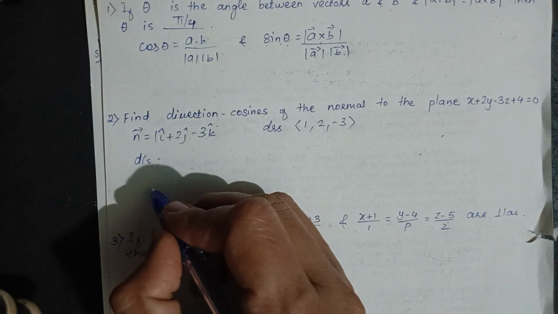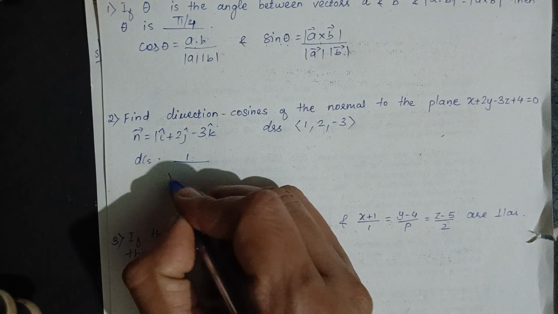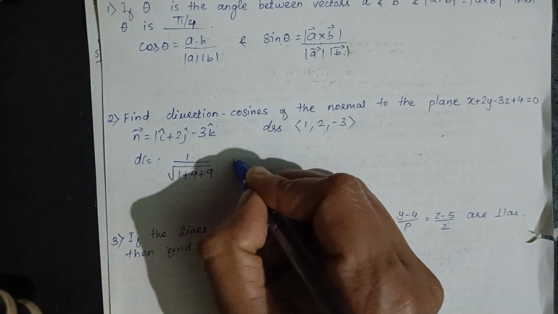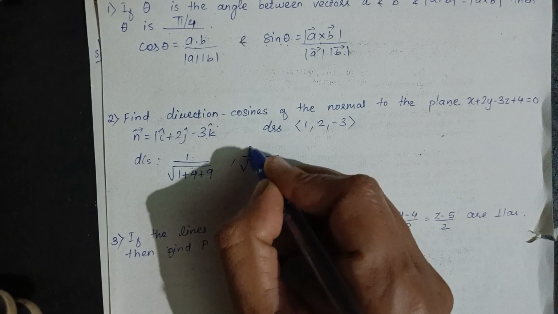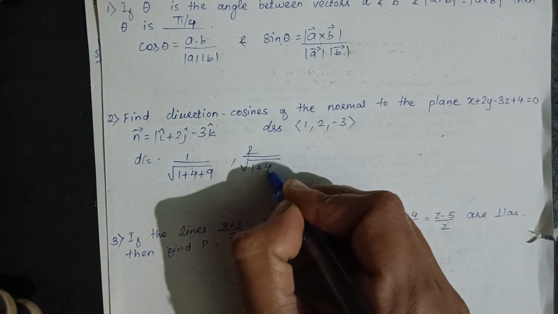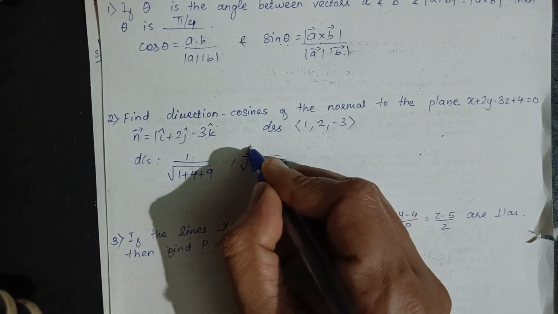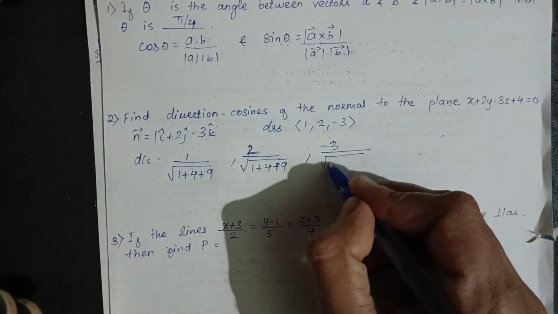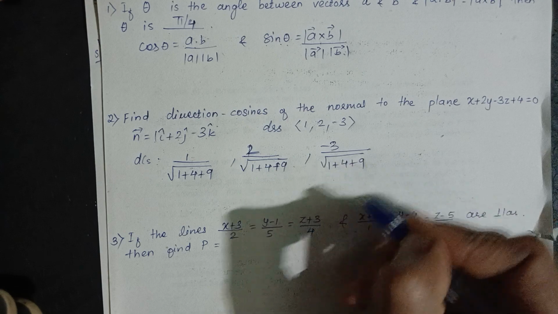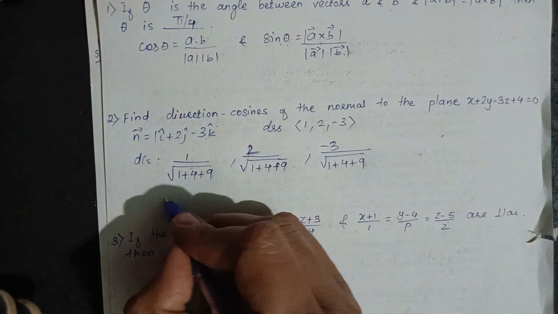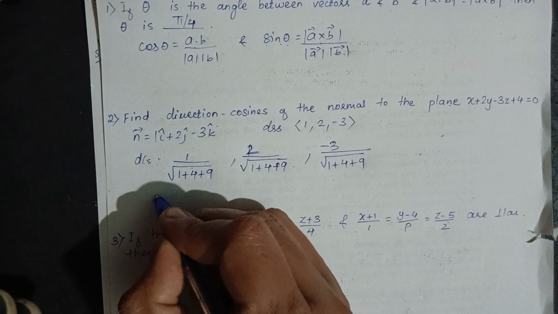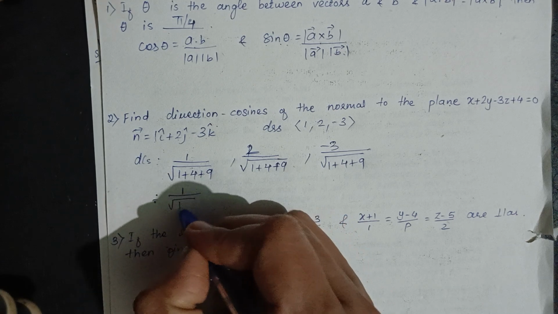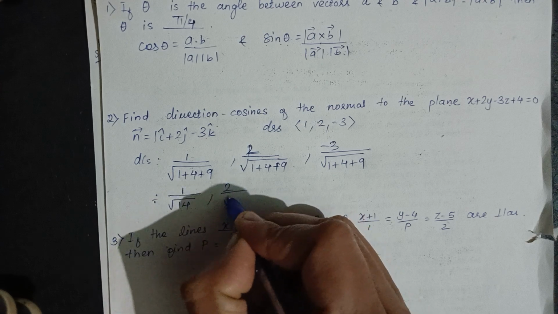Direction cosines are 1 upon root of 1 plus 4 plus 9, 2 upon root of 14, minus 3 upon root of 14. So the direction cosines are 1 upon root 14, 2 upon root 14, minus 3 upon root 14.